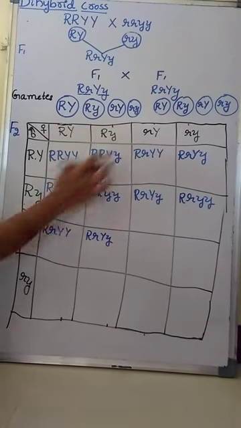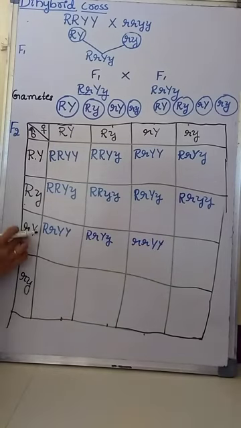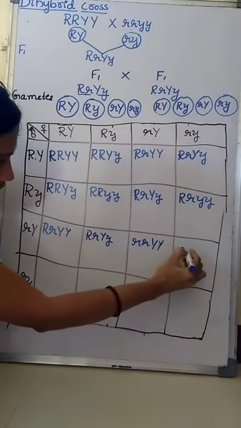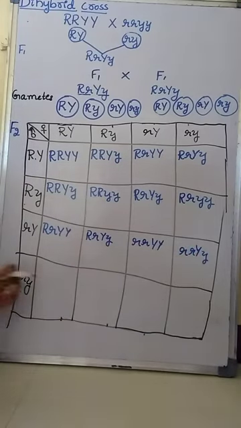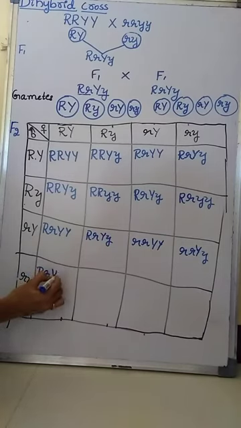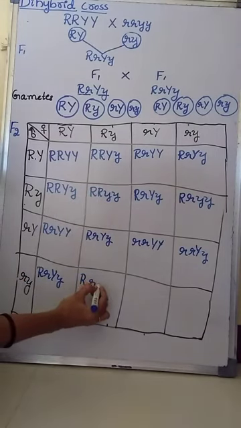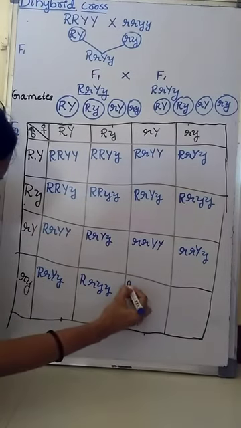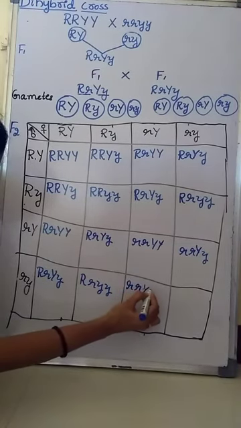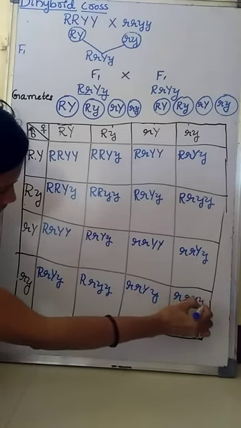These two: small r, capital Y. Then small r, capital Y, small y. Then here capital R, capital Y, small y. Here capital R, small y. Here these two: small r, capital Y, small y. And the last one is small r, small y.